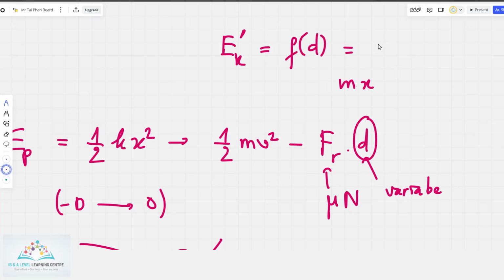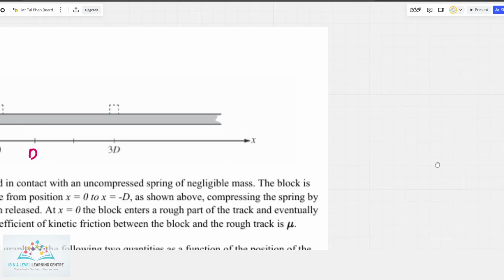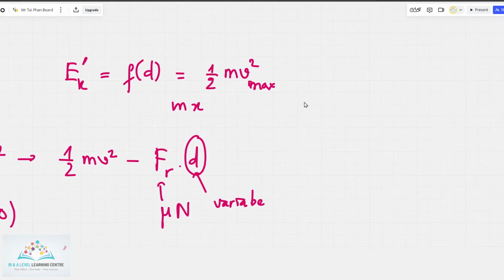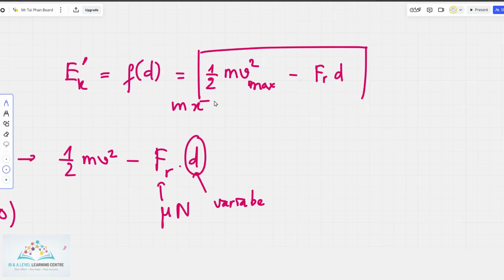Which is the initial kinetic energy, 1/2 mv0 squared, the maximum kinetic energy when the object is at the position x equals 0 here, and then minus the friction multiplied by d. This is a linear function. It is similar to y equals mx plus c.